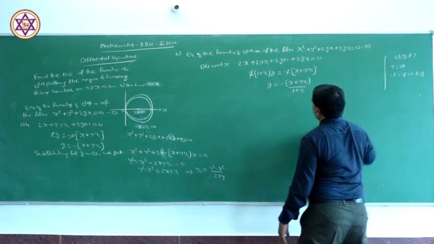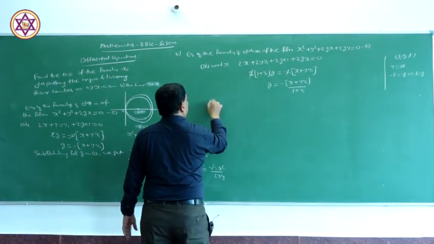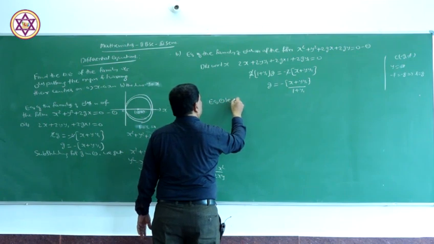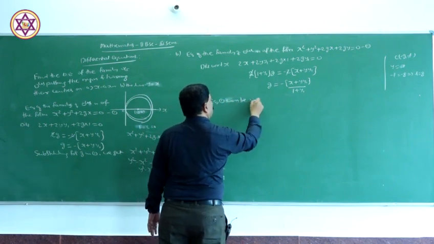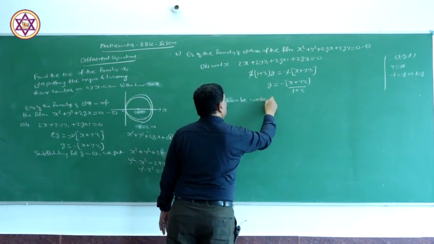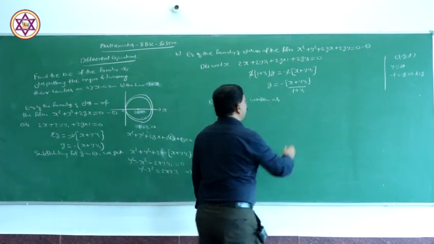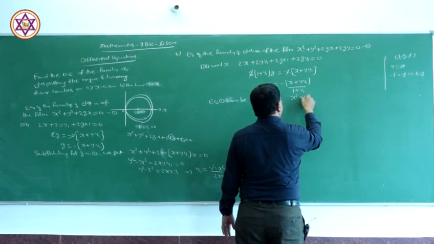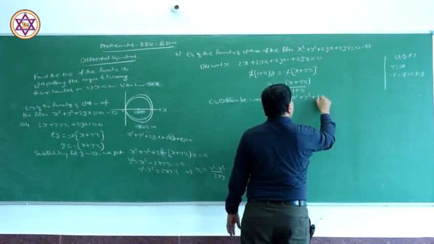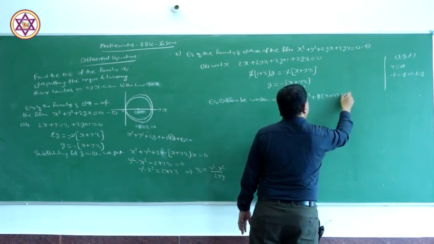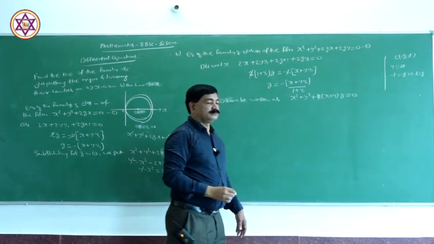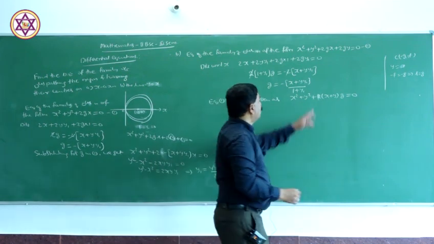Now here equation 1 can be written as x squared plus y squared, if you take 2g common, 2 of x plus y of g is equal to 0. I am taking 2g common.